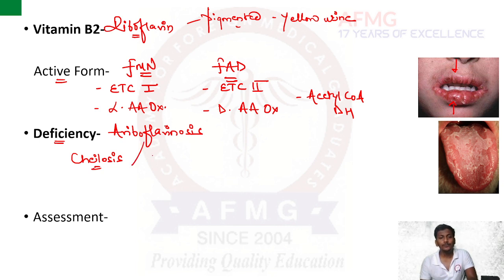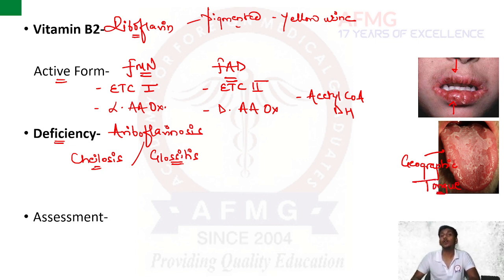Along with that, the patient can develop inflammation of the tongue also. This condition is known as glossitis. So please remember, glossitis is inflammation of the tongue, and in some cases it can also lead to a condition known as geographic tongue. Please remember, a similar image came in the December 2021 session, but vitamin B2 was not an option.